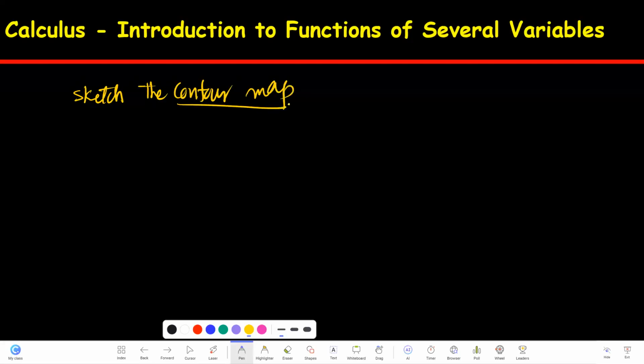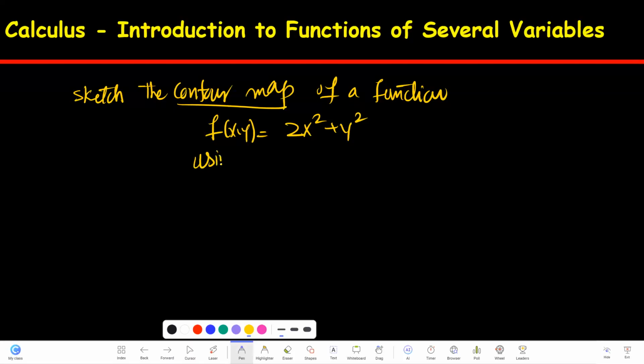It's called a contour map of a function. It looks like a map. And the function is this, using the values k equals 0, 1, 2, 3, 4, and so on.